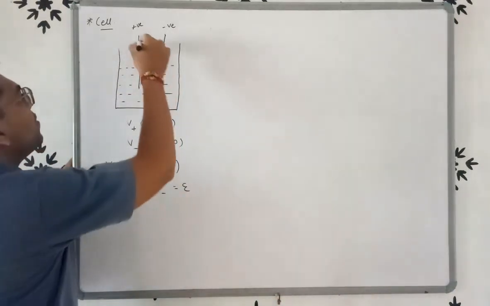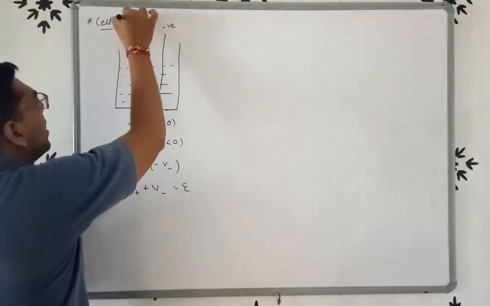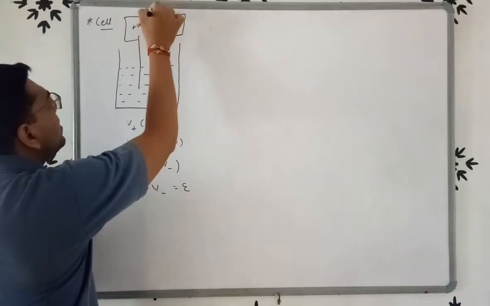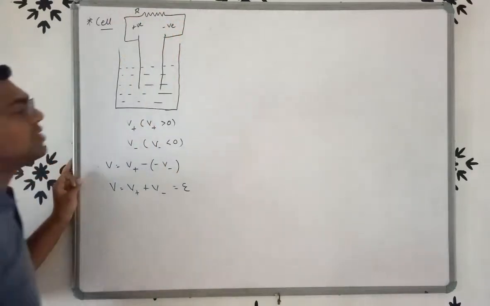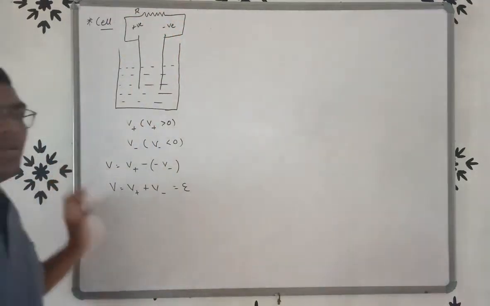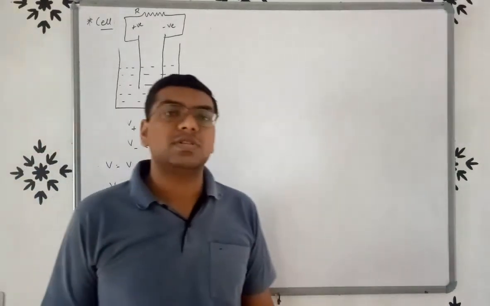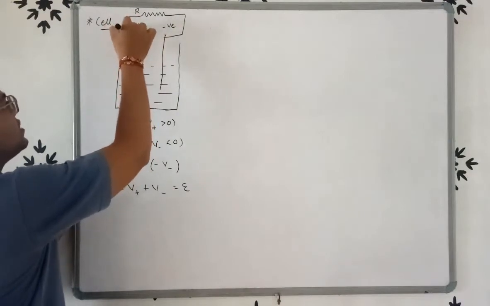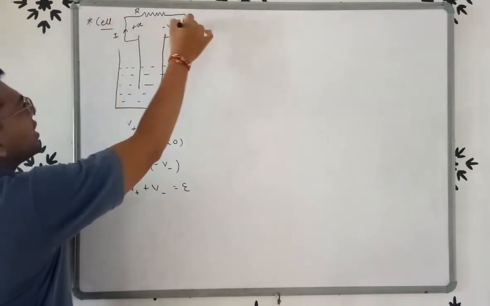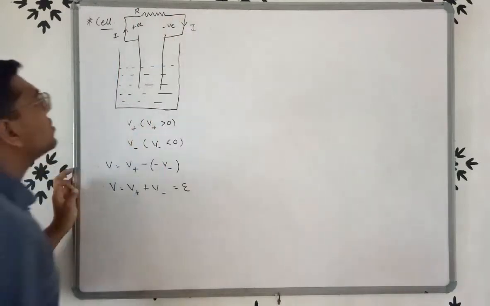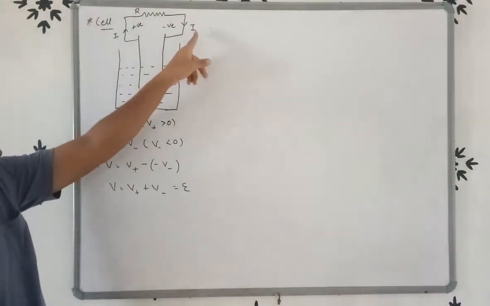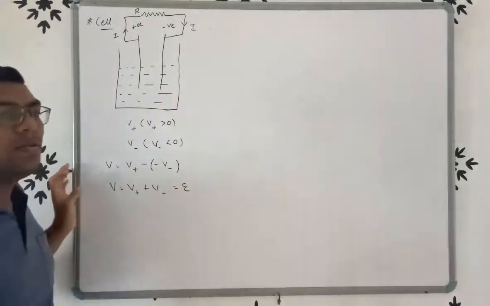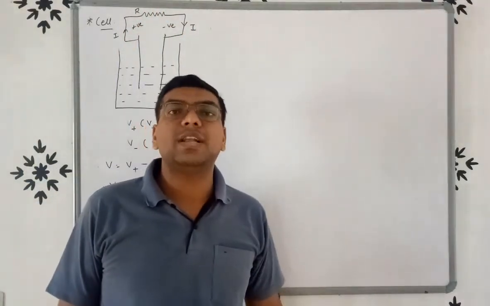Now if we connect a resistor between these two electrodes, then we know that current starts flowing, and we know that the direction of current is from positive to negative. So outside the cell the direction of current is positive to negative, but we know that current flows in a closed loop.